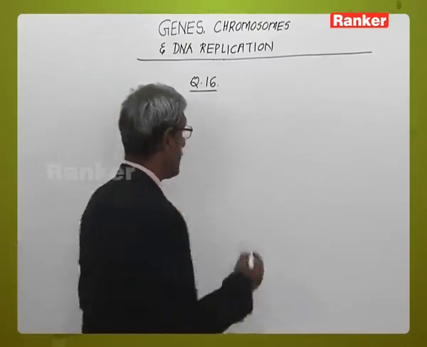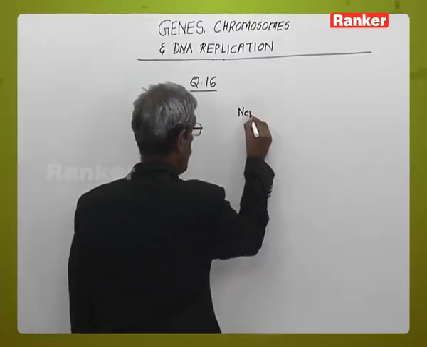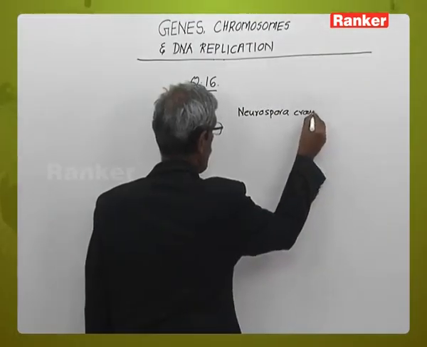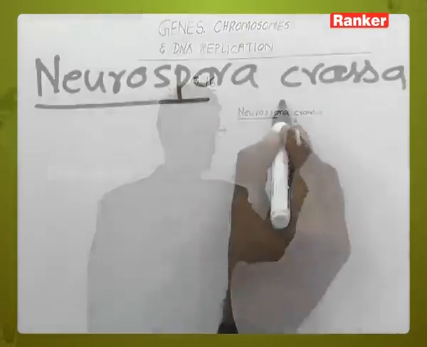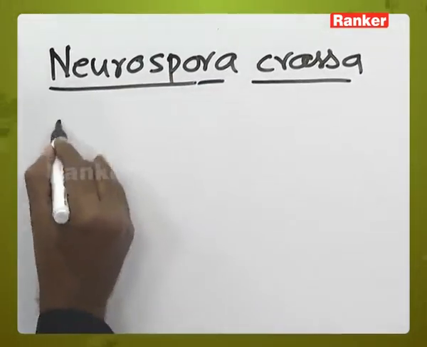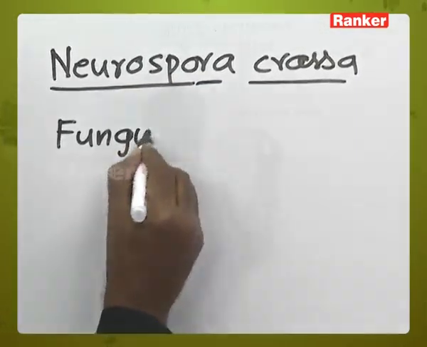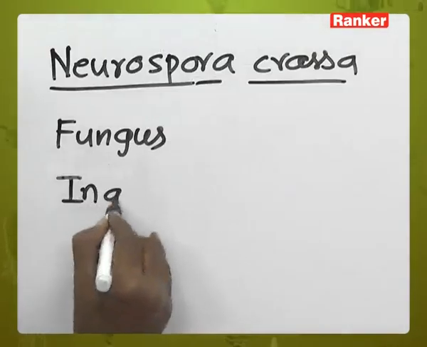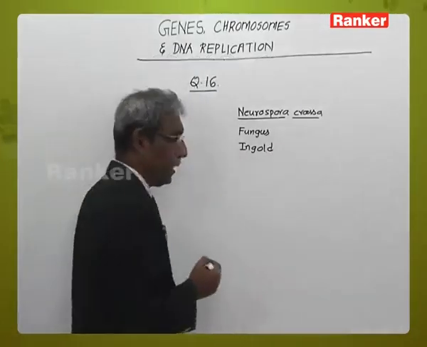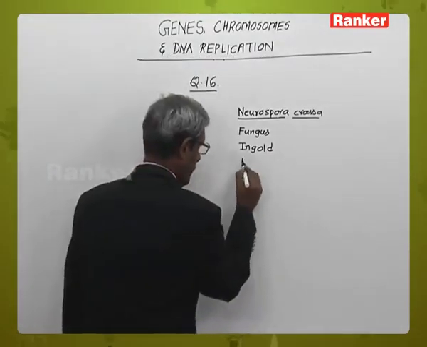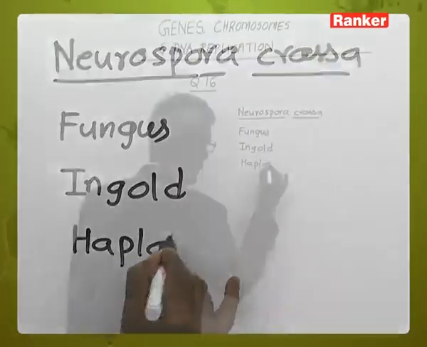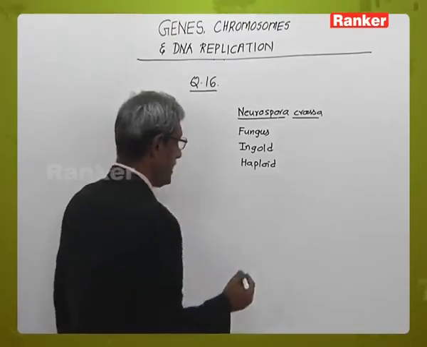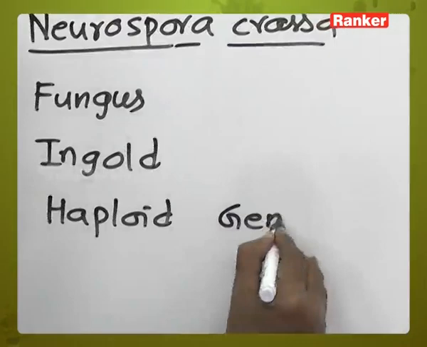If you take Neurospora crassa, it is a fungus which has been studied by Ingold. Now, Neurospora is a haploid organism. So, when you use Neurospora for studies as a model organism, we study a branch of genetics called haploid genetics.